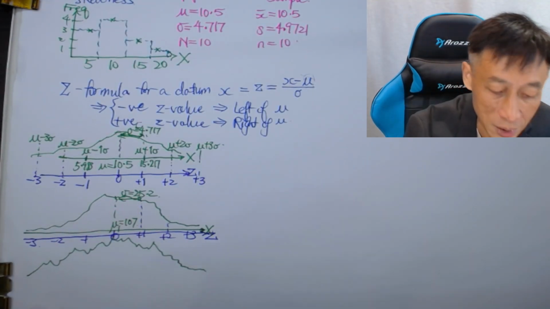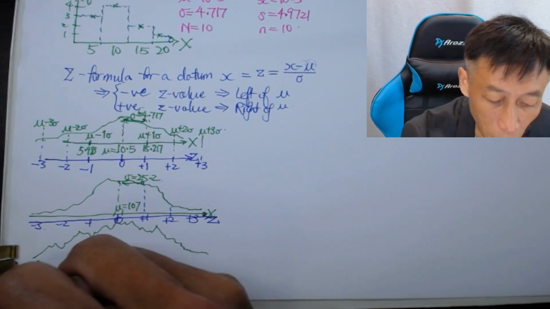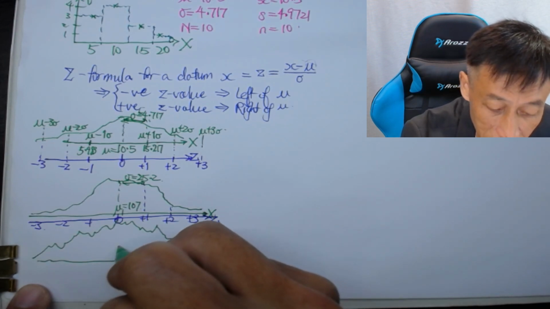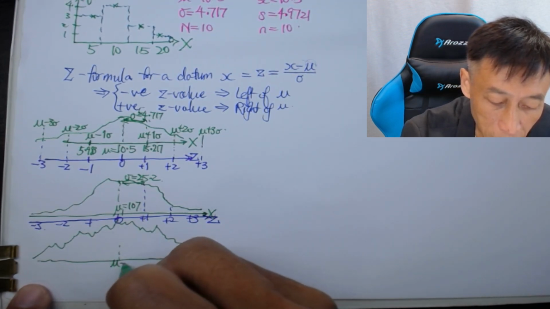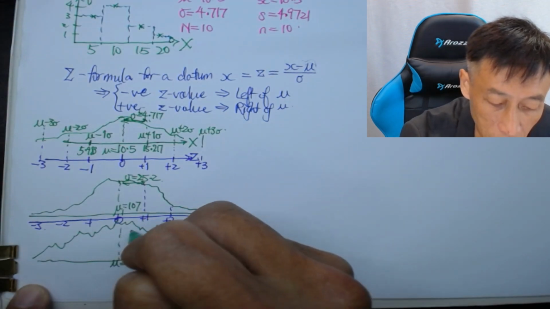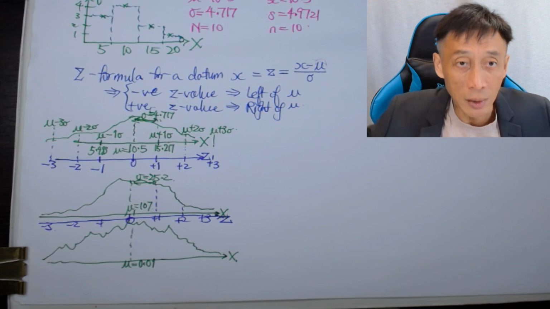No matter what data set we are presented with or we obtain from measurements, right? Doesn't matter about the mu being very large or very small. So in this case, mu is 0.01, but we kind of expand the scale.